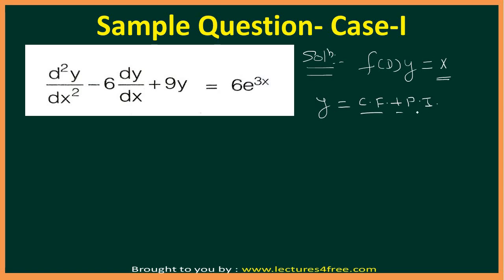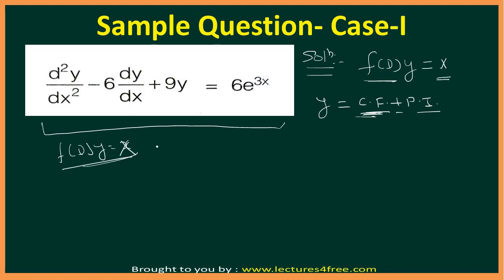So let's first of all find the complementary function of this equation. To get it, let's write this equation in the form of a function of D, f(D)y is equal to X. For writing like this, I am writing dy/dx as D, and d square y upon dx square as D square.